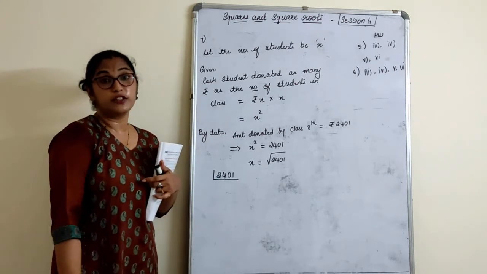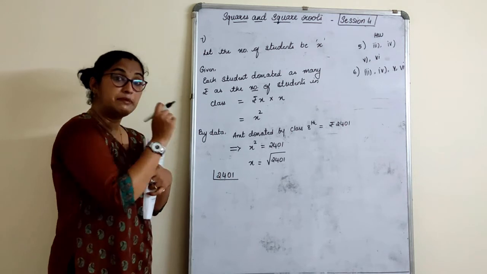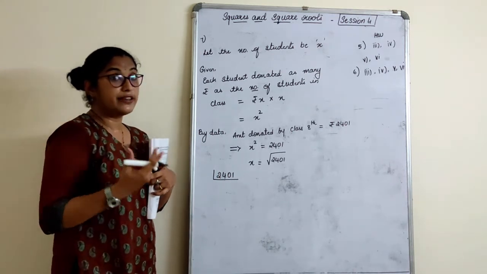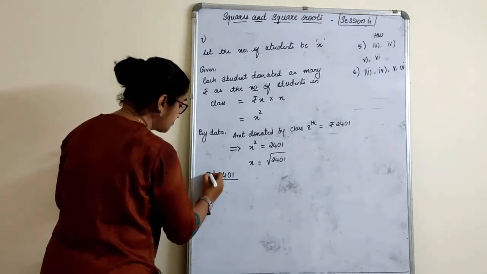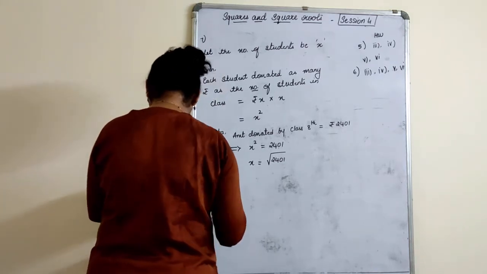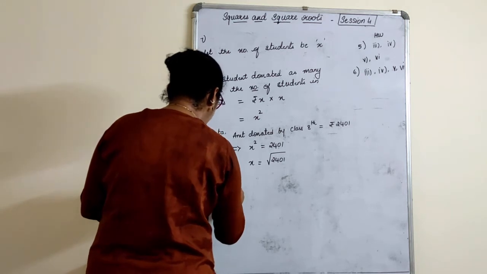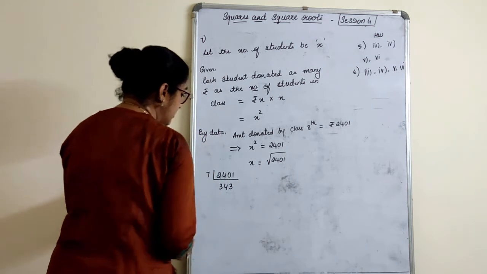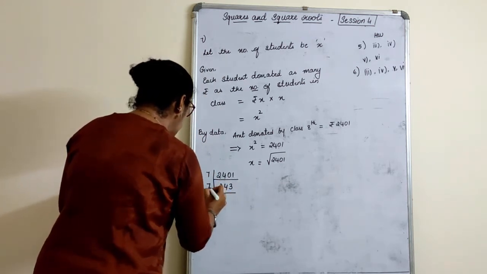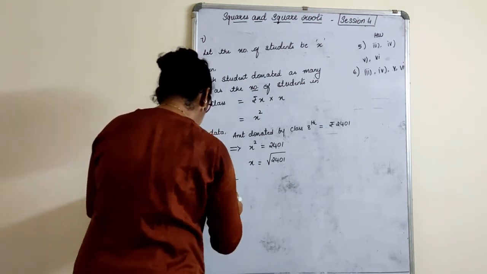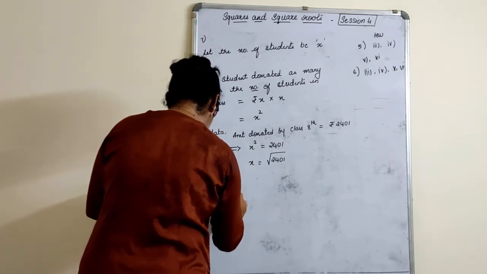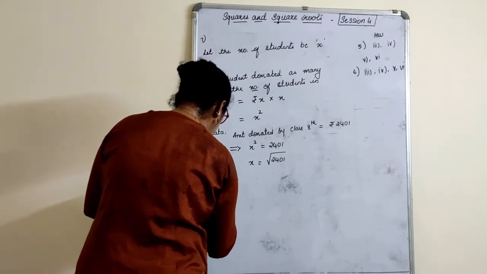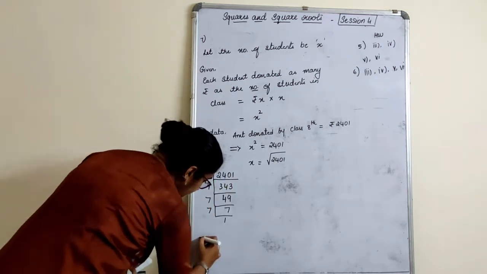We can give a try for 7 because 7 also has a table ending with 1. 7 threes are 21. So we can give a try with 7. 7 fours are 28, 2 remainder. 7 threes are 21. 7 fours are 28. 7 nines are 63. 7 sevens are 49 and 7 ones are 7.